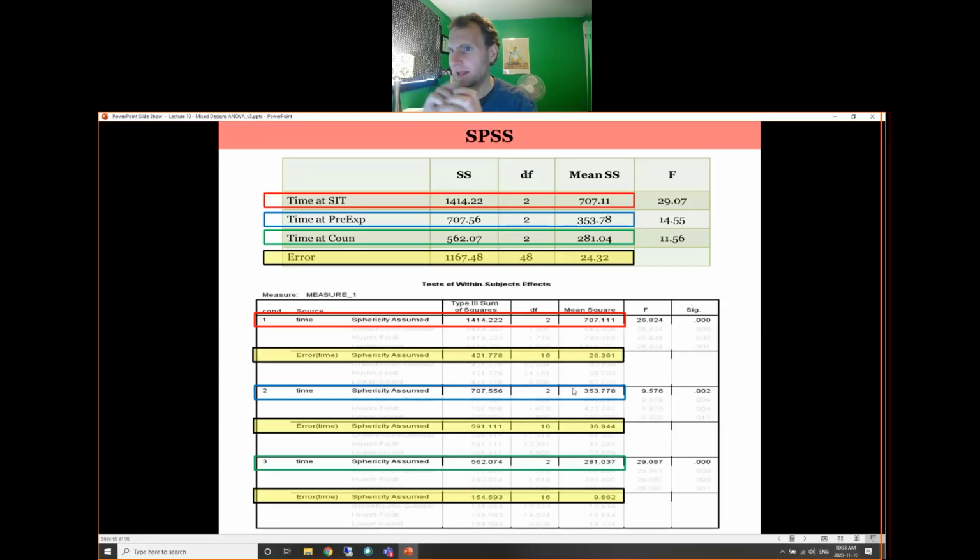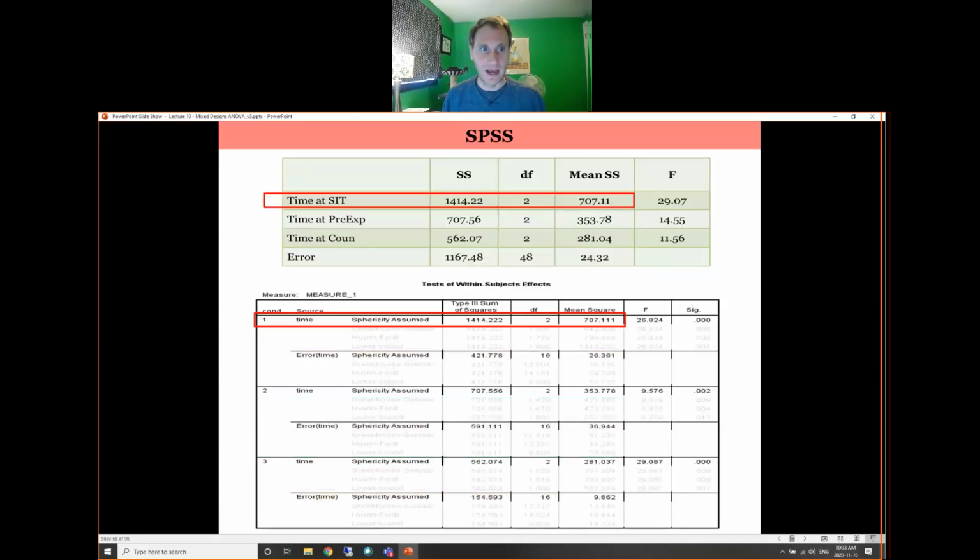Because remember, what SPSS is thinking, can't really think, it's software, right? But what SPSS is thinking is that it has 3 data sets now. So when it runs the within subjects ANOVA on time at SIT, it doesn't know that these other conditions exist. So it's not using those other conditions to compute that estimate of population variance.